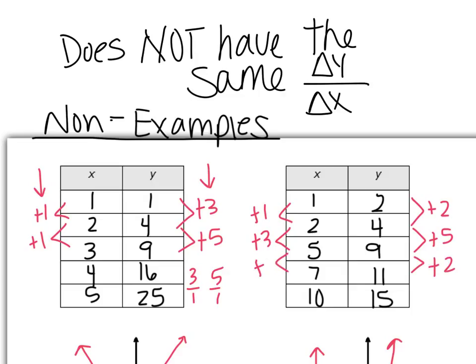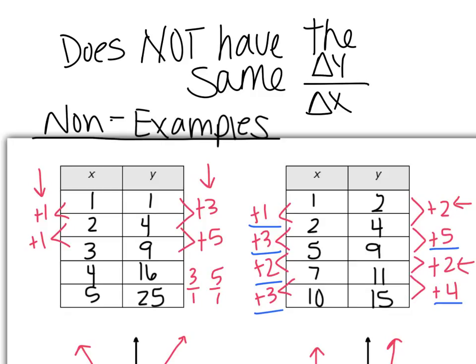Oh, but here I have a plus 2. So at this top part, I had a delta y that was plus 2, and here I have a delta y that is plus 2. So for this to have been linear, these two delta x's should have been the same. You can also test that with this next one. This was plus 4. This is plus 3. You have the same ones right here, plus 3, plus 3. So this plus 5 and this plus 4 should be the same if it was linear.